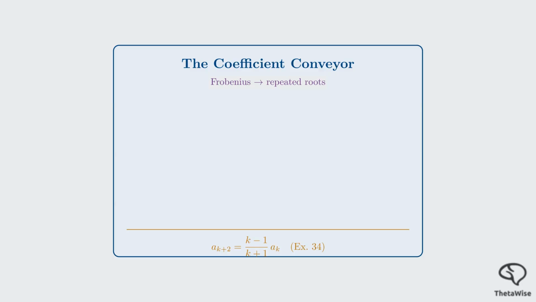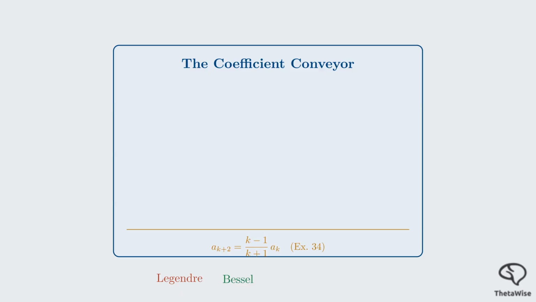Frobenius analysis explains repeated roots. Legendre series terminate for suitable integer degrees and satisfy endpoint, parity, generating function, recurrence, and orthogonality identities. Bessel series produce oscillatory functions with decreasing amplitude.